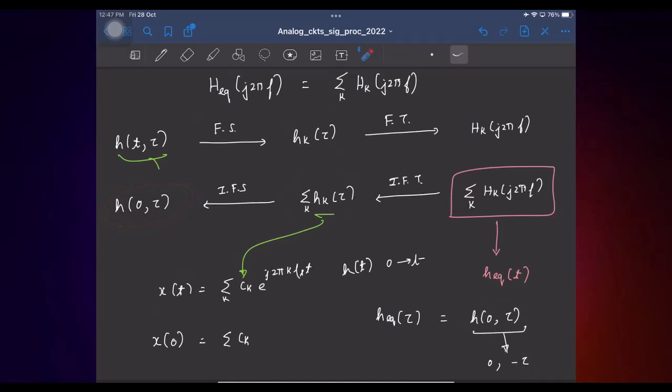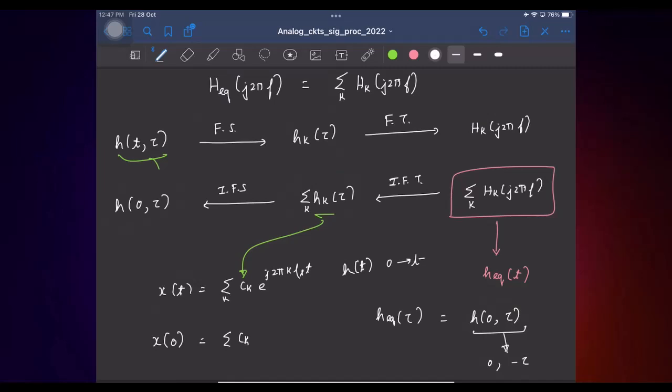Here, I am applying at minus tau and observing at 0. So that gives me the impulse response at tau. At least logically, does it make sense that if this is the signal you have, this is only a function of tau? So obviously this must be h equivalent of tau. Is that okay?